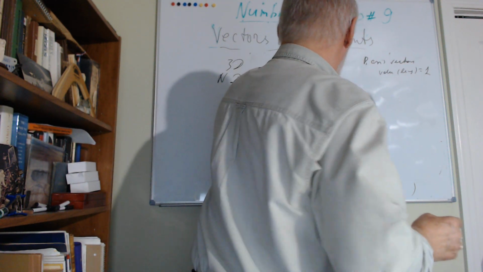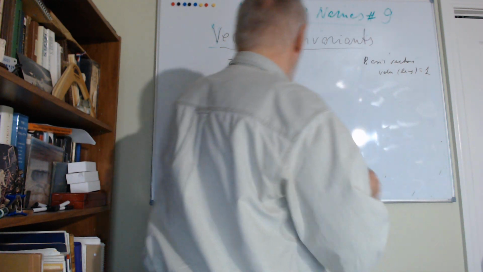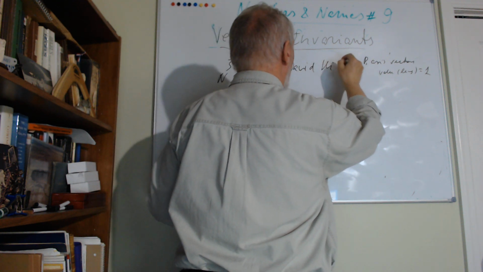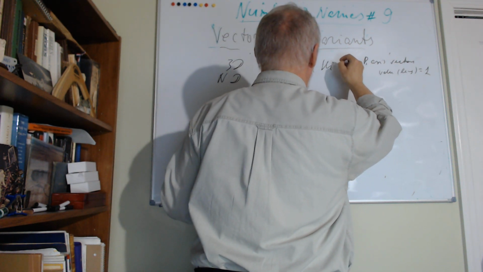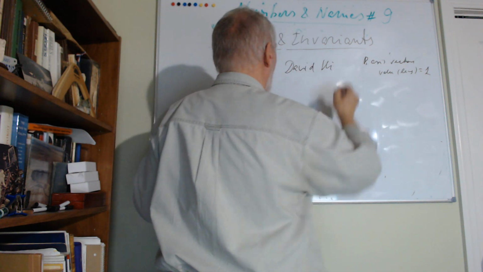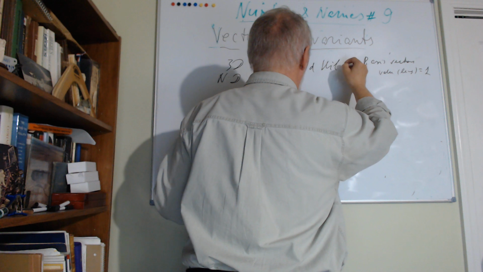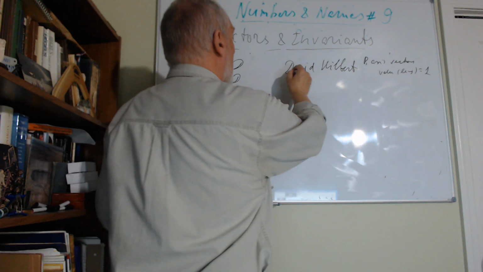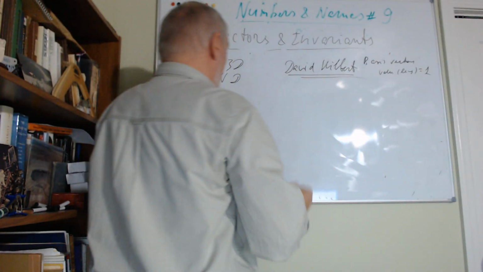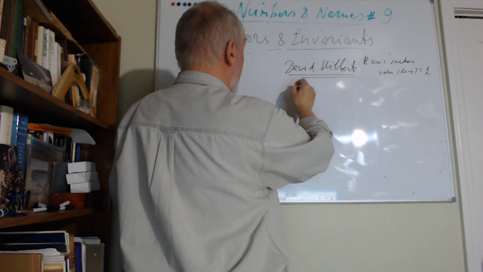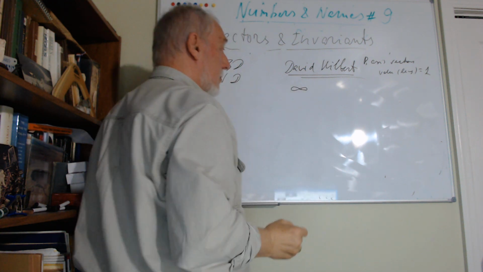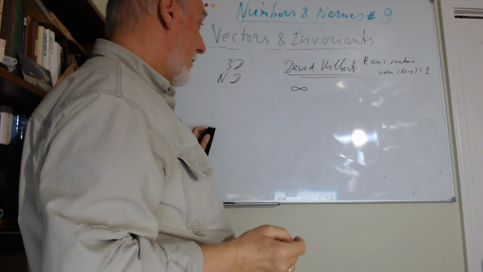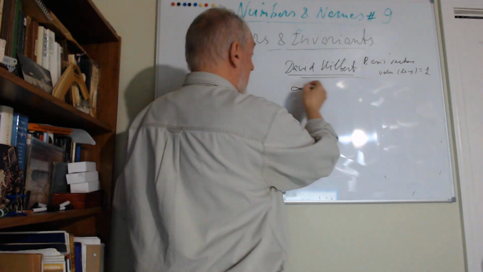One of the very talented mathematicians, some call him a genius, of the beginning of the 20th century, David Hilbert, I think it's Hilbert, yeah, came to the idea of space with an infinite number of dimensions. That's pretty cool. So, like this, right?